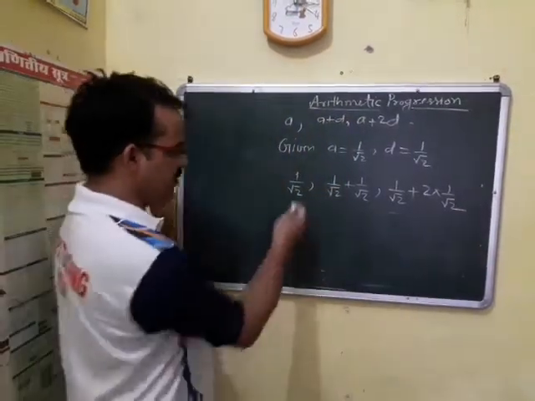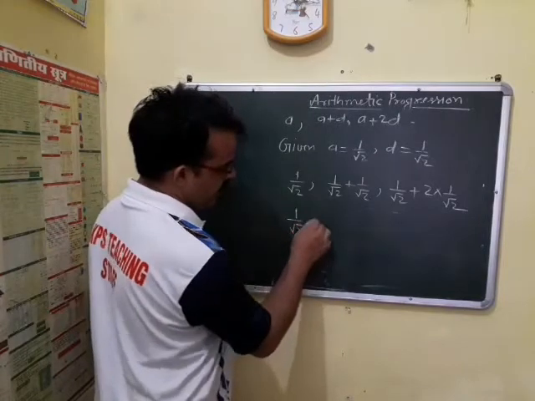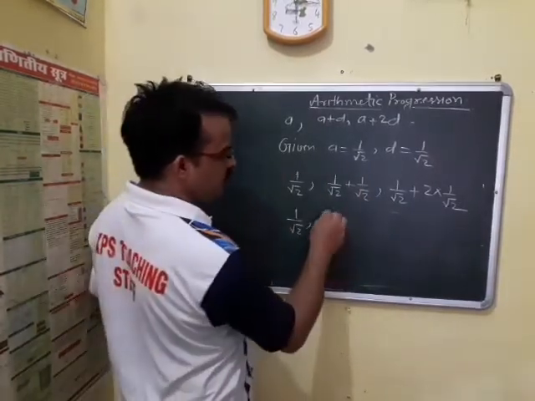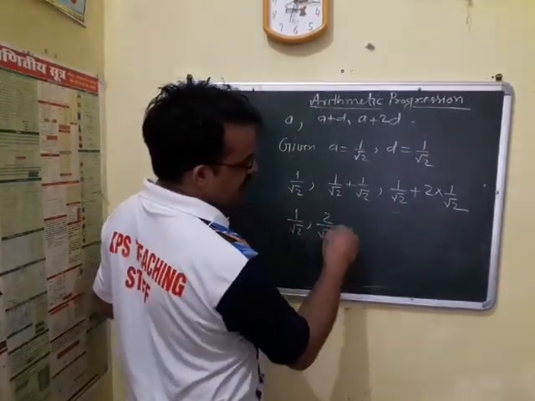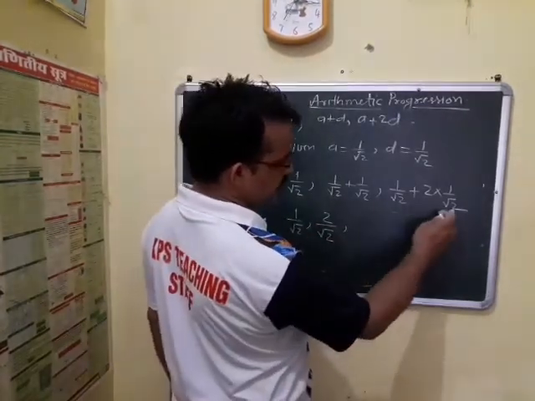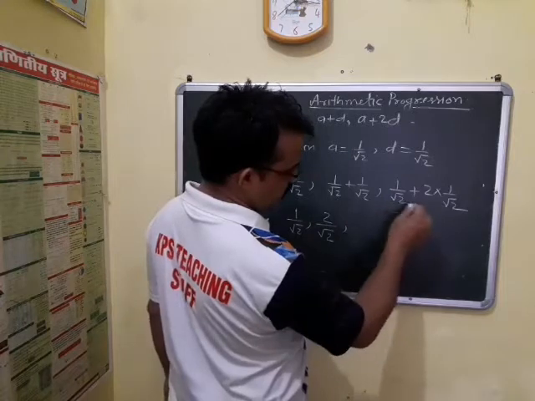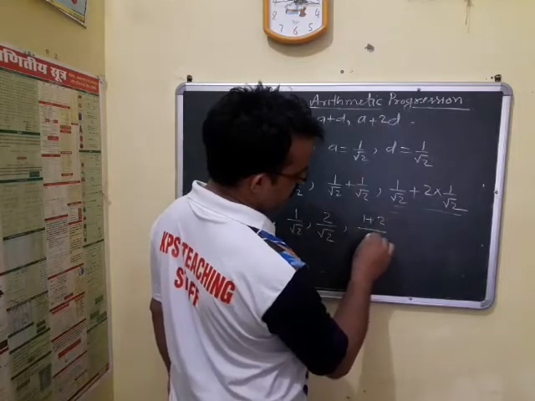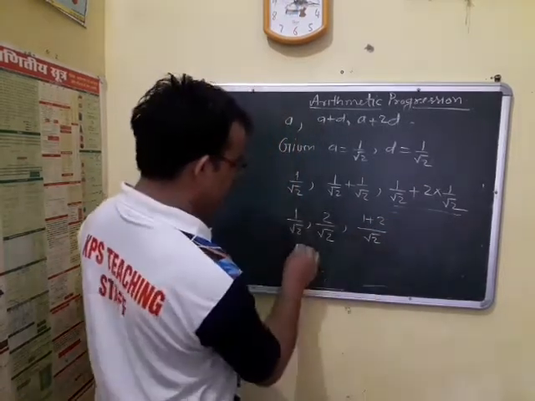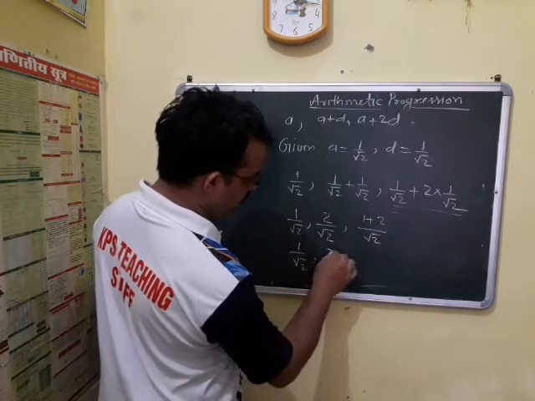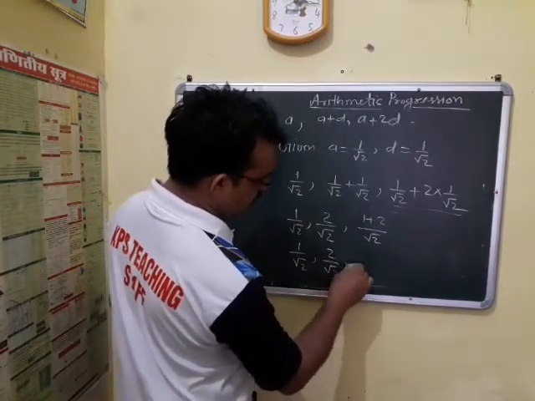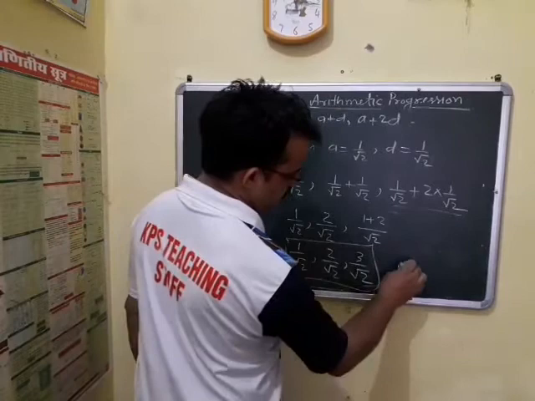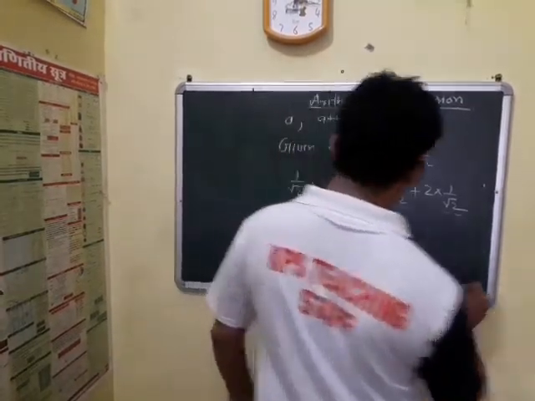This one is clear, and we find here 1 by under root 2, and see that their denominator is the same, so this one is 2 by under root 2, and here the denominator is same, 1 plus 2 under root 2, so this one is 1 by under root 2 and 2 by under root 2, and this one is 3 by under root 2. This one is your answer.